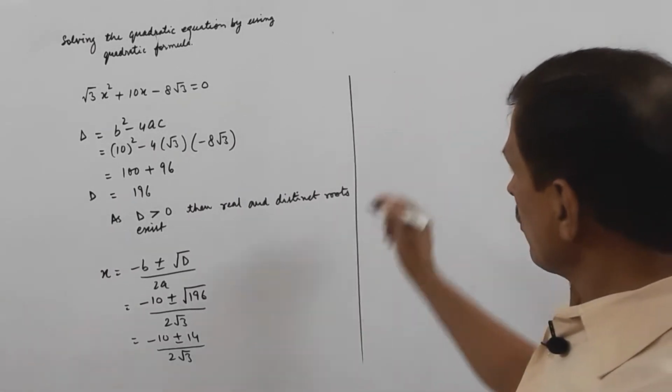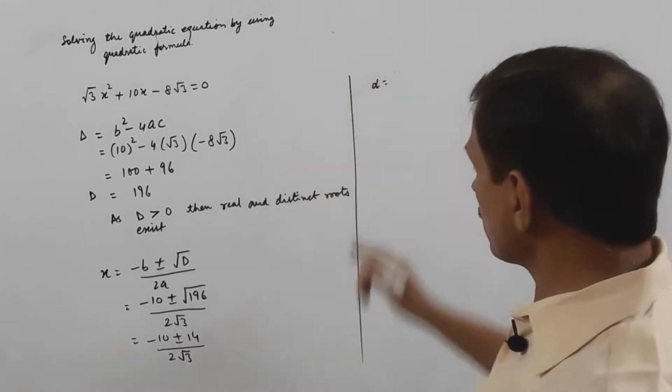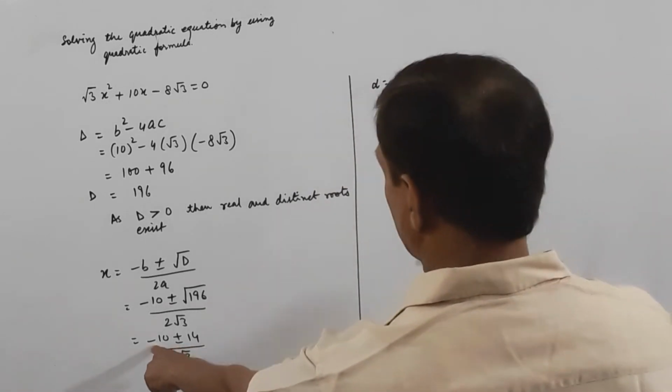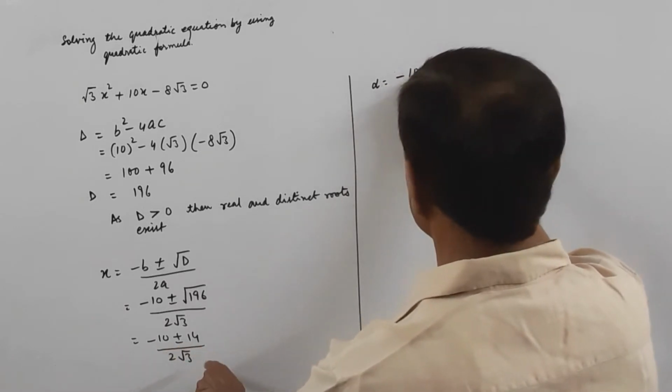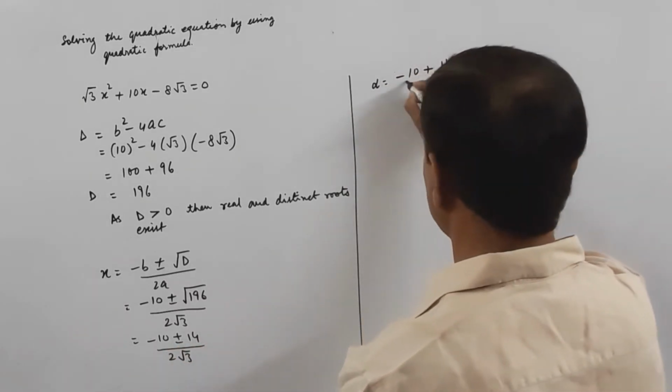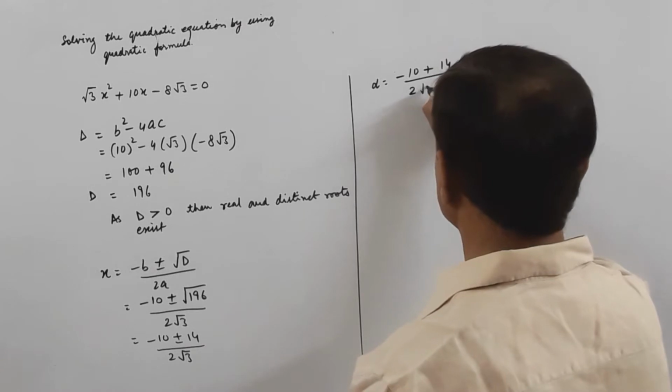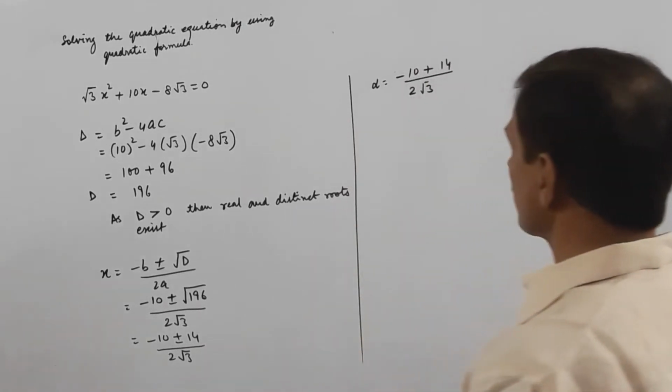Now we consider alpha. Alpha is equal to minus b, that is minus 10 plus the square root of the discriminant, upon 2 root 3.